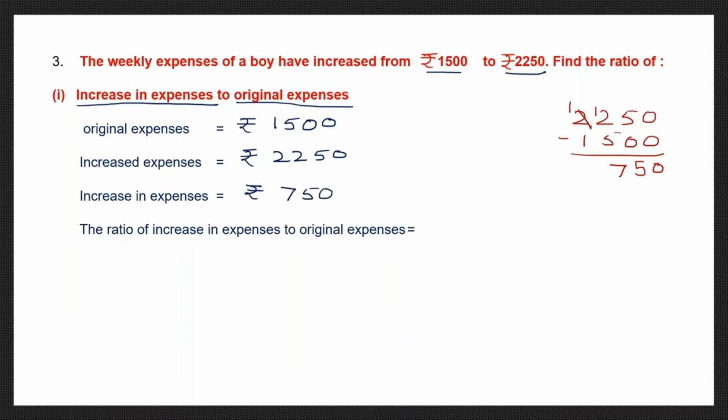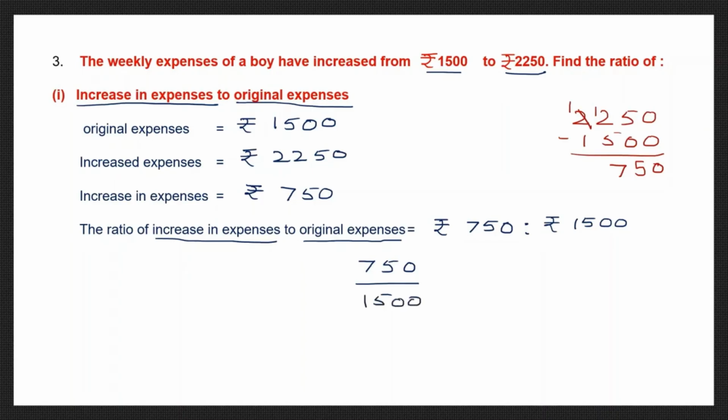Now we have to find the ratio of increase in expenses to the original expenses. Okay, so increase in expenses is how much? Rupees 750 is to the original expenses is rupees 1,500. Now we need to find this ratio first by writing it as a fraction.